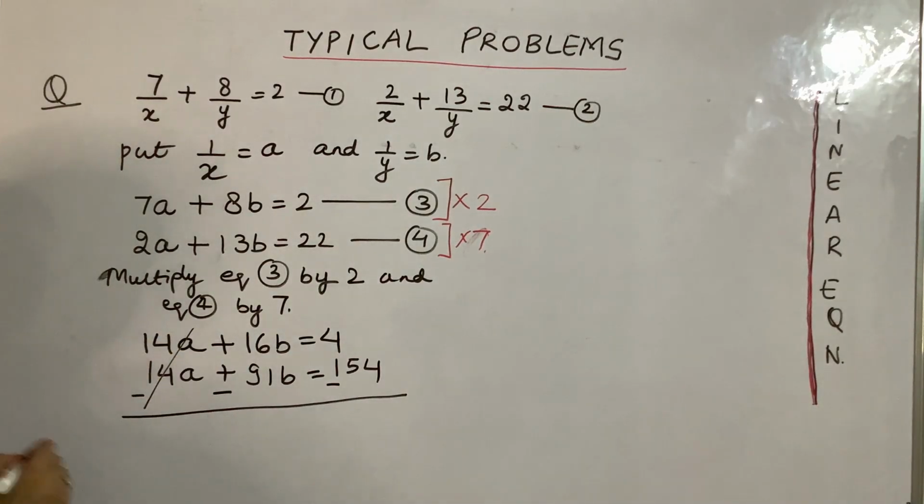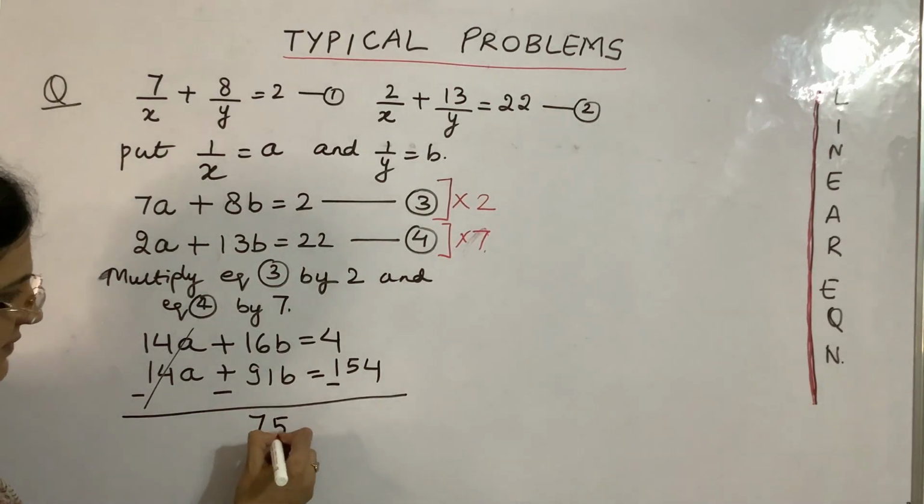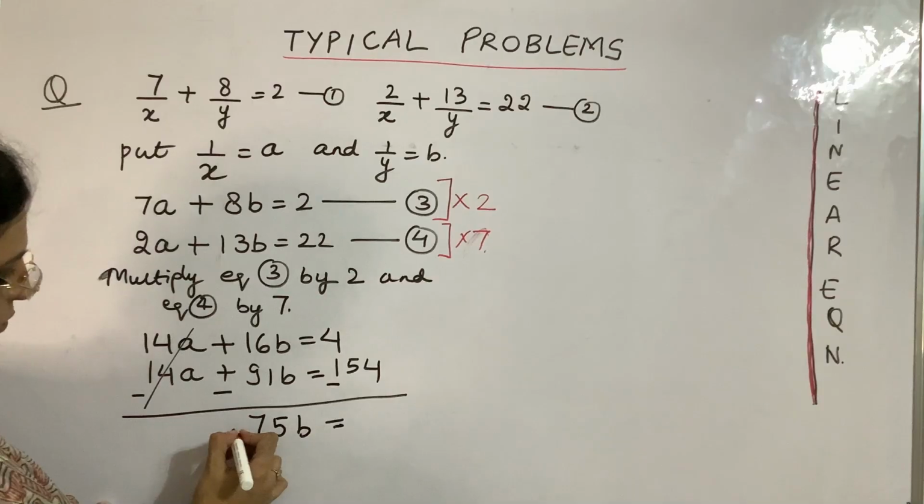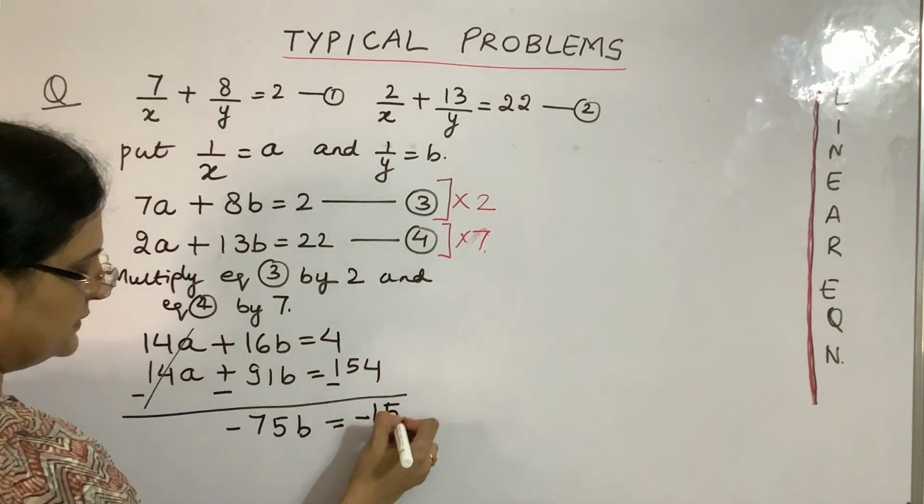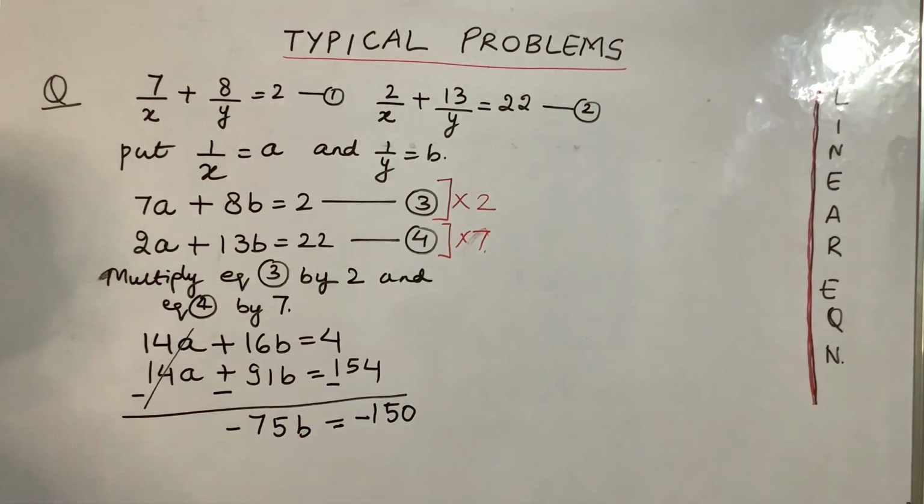This cancels out. So subtract, you are left with 75b is equal to minus 150.